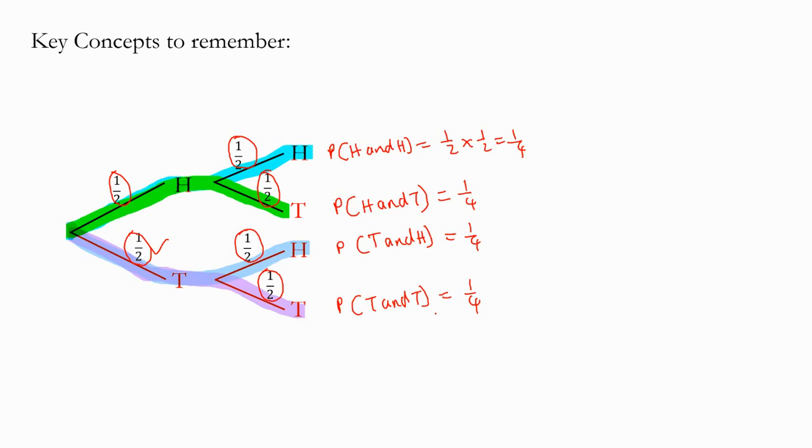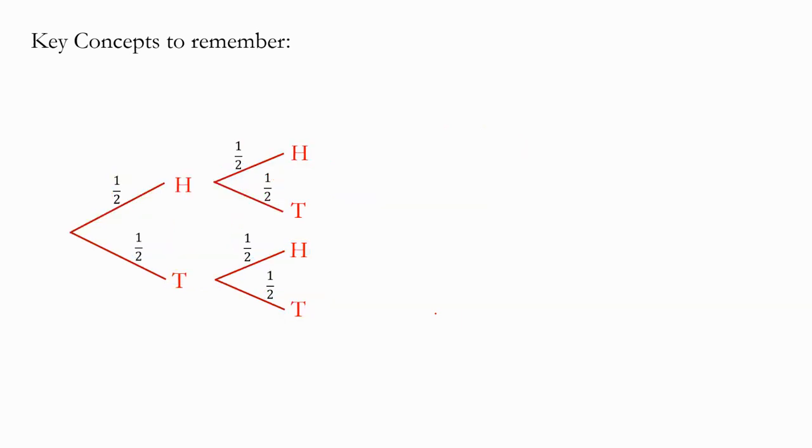Right. And then now let's say I ask, what is the probability of getting heads and heads, or tails and tails? When you are given such a question, you have to look at the branches or the probabilities that you need.